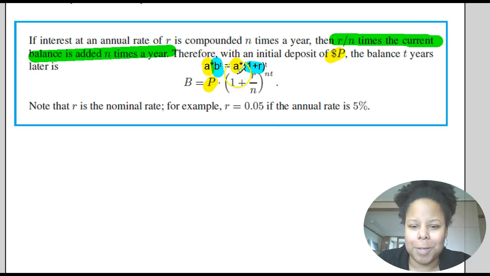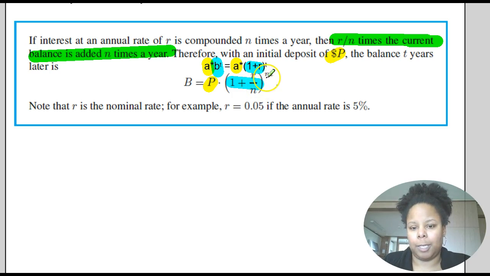Here we have the same thing, but instead of R, it's R over n, where n is the number of times interest is compounded a year, and t represents the years, so n times t represents the number of compounding periods in that many years.